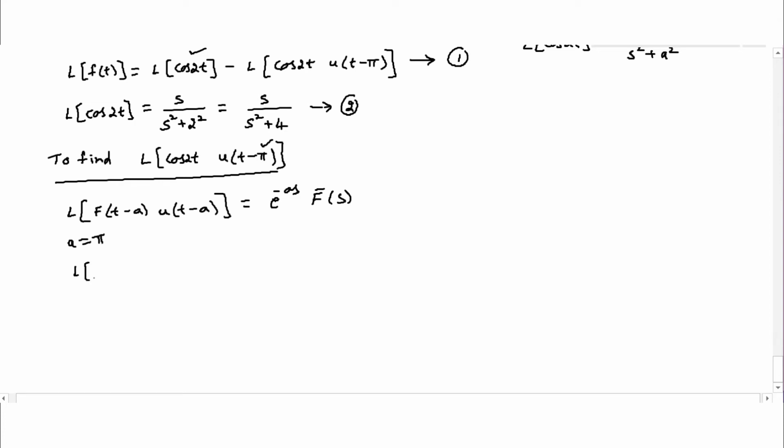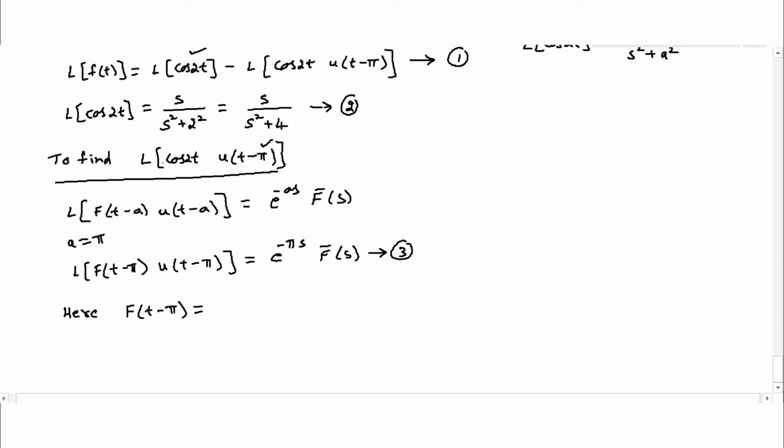So if you try to rewrite, Laplace transform of f of t minus pi into u of t minus pi is equal to e power of minus, a value is pi, so pi times s into f bar of s. So I need to find out the value of f bar of s. Let us take this as equation number 3. So here we have the value of f of t minus pi.